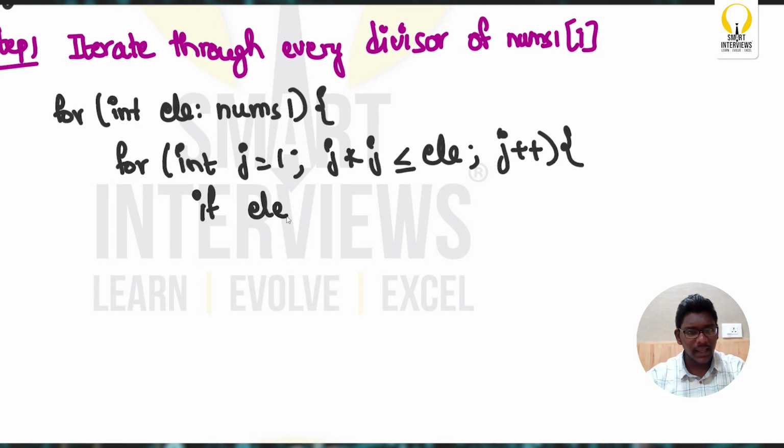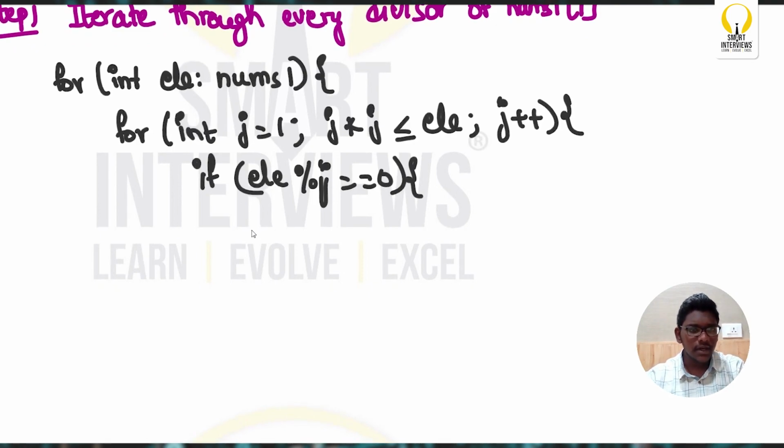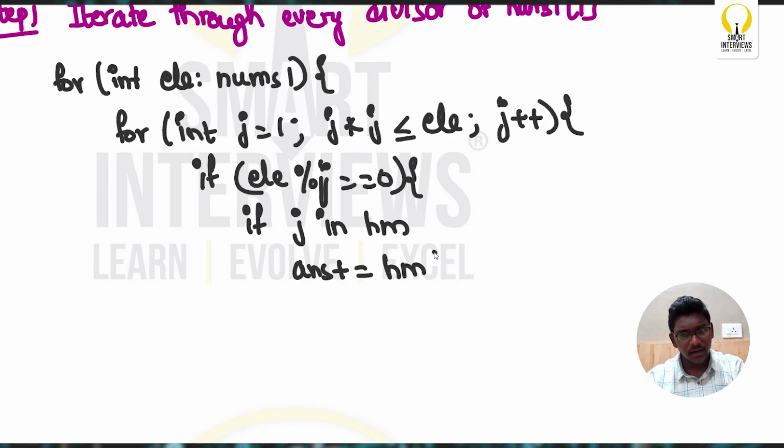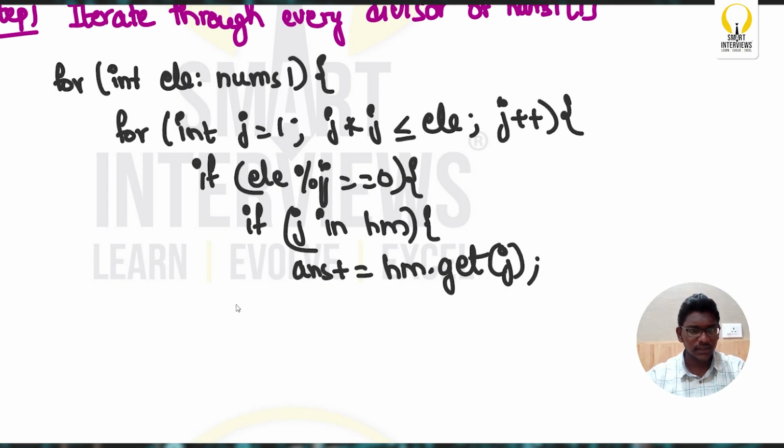If my element mod j is equal to 0, first I will have to check this. If yes, I'll check whether my j is present in the map or not. If yes, I'll directly add this, to write the exact syntax again, hm dot get j.